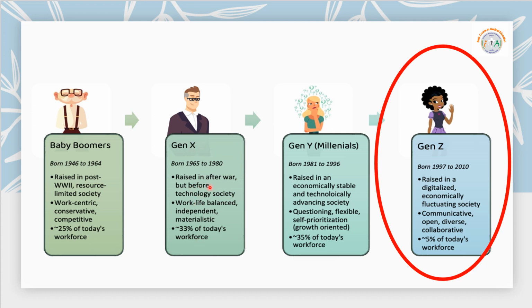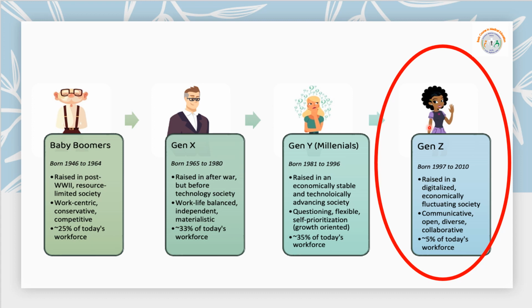Then we had the millennial generation, that is generation Y, 1981 to 1996. They were raised in an economically stable and technologically advancing society. Now at present we are having generation Z. They are born after 1997, and they are raised in a digitalized world.